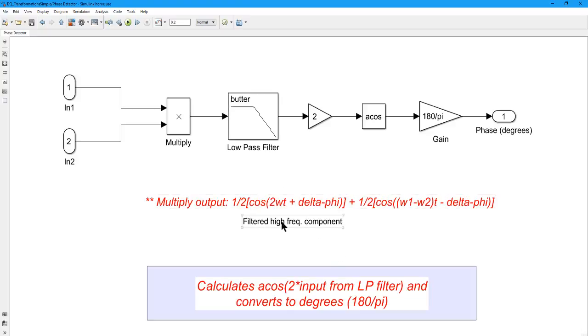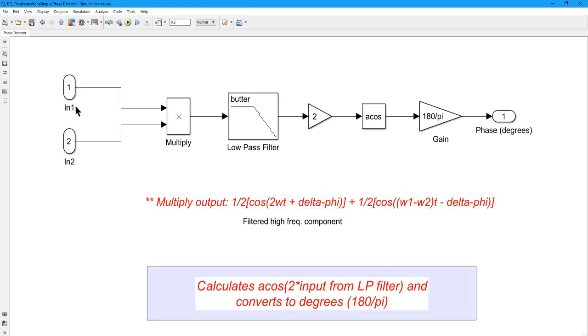Now, there's two components to this output of the multiply. There is a 1/2 cosine (2 omega t plus delta phi), and delta phi is just the phase angle difference between the two sine waves. And so you can see there's a cosine 2 omega t. So omega is the hertz or the radians per second of these two sine waves.